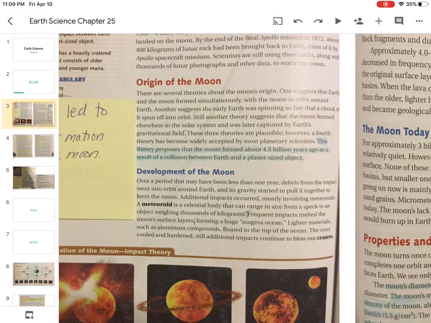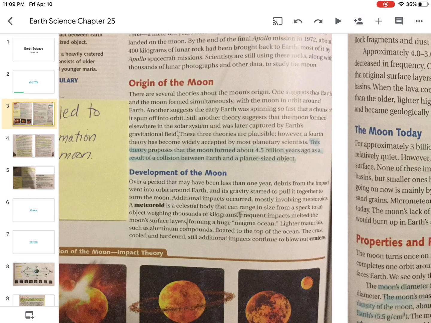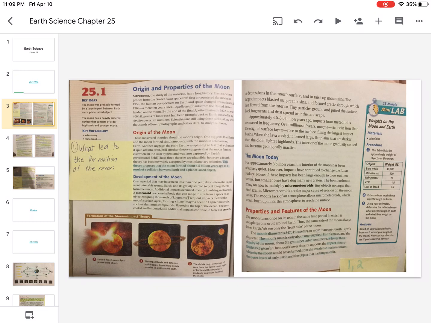This theory proposes that the moon formed about 4.5 billion years ago as a result of a collision between Earth and a planet-sized object. Okay, so that's it for that worksheet.